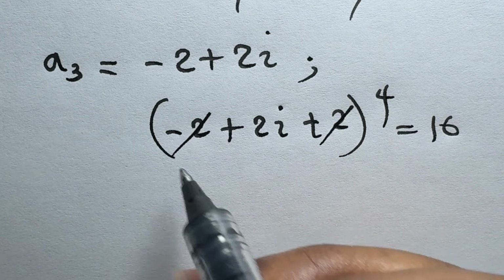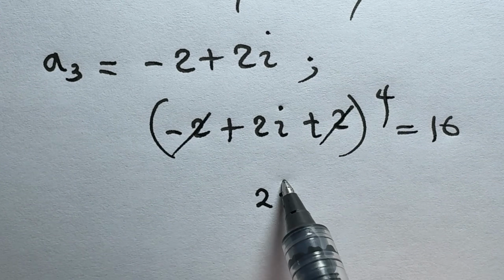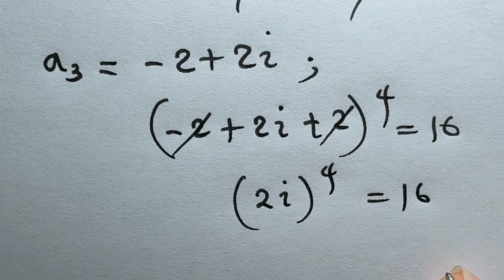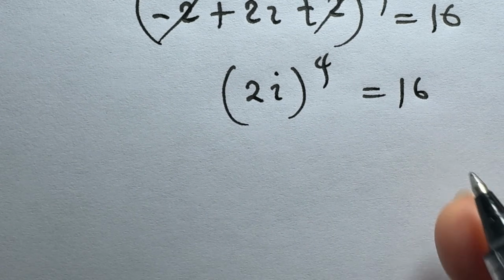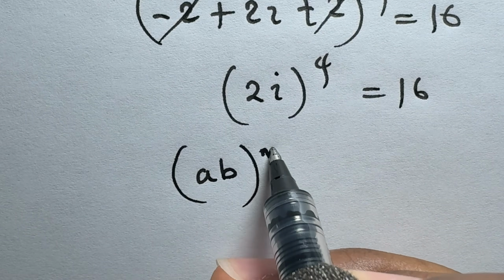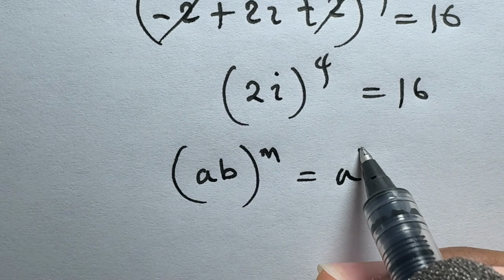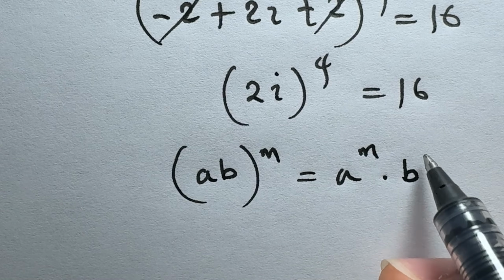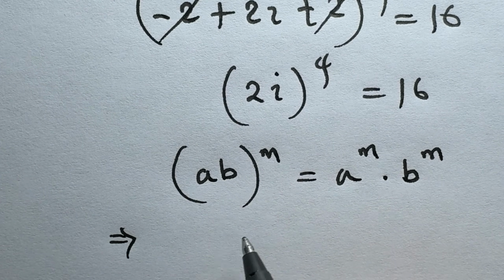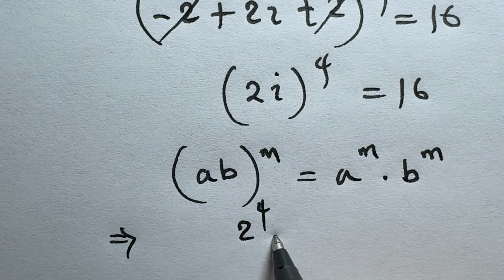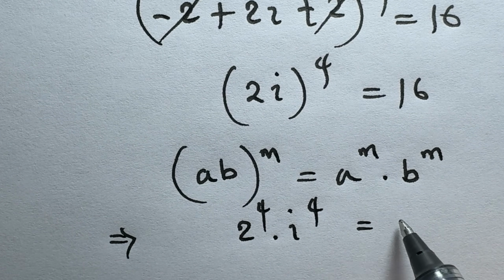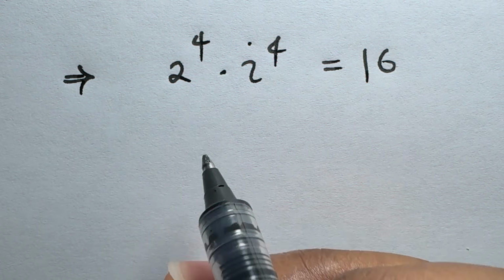This here takes care of this, so we have 2i raised to power 4 to give us 16. By law of indices, given a times b raised to power m, this will give us a raised to power m times b raised to power m. So we have 2 raised to power 4 times i raised to power 4, which will give us 16. 2 raised to power 4 is 16.